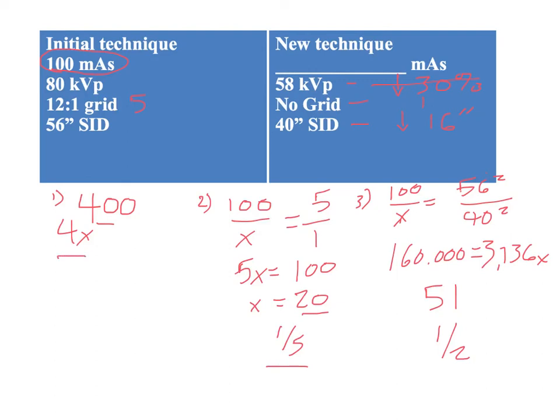I said 100 times that gives me 400. 400 times that gives me 80, right? And then 80 by that gives me 40. So the new technique should be close to 40.